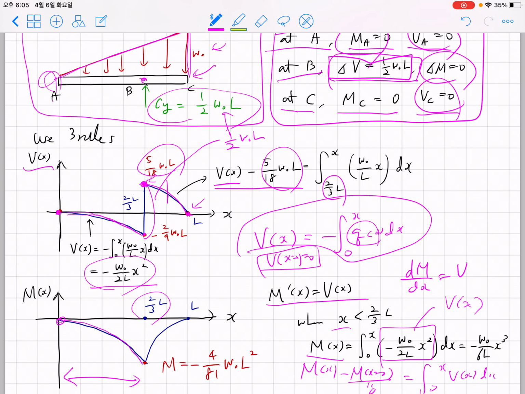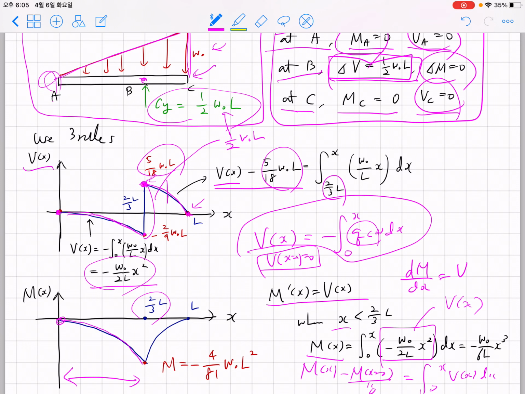the two-thirds point, and from here to the right end. At the right end, M should be 0, and from this point to there, you have a positive V, which means the slope is a positive number, and this should be the distribution of M. Of course, as the M diagram approaches the x equals L point, the slope must approach 0 because V approaches 0.